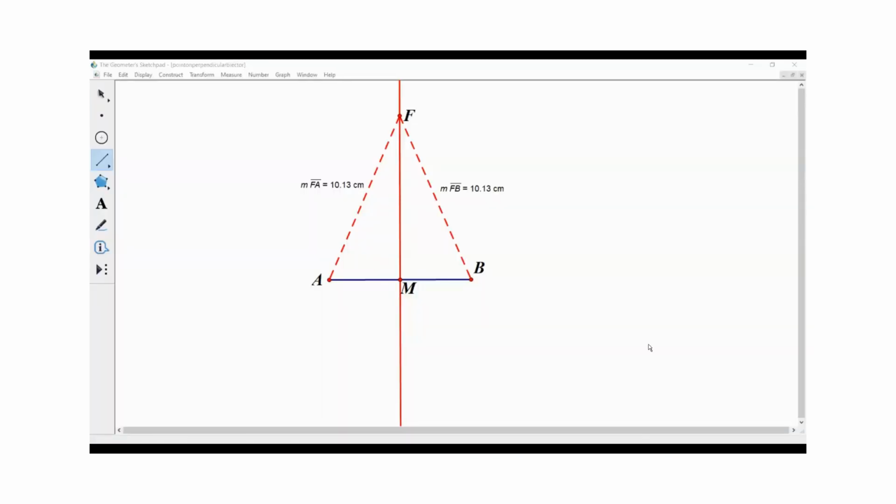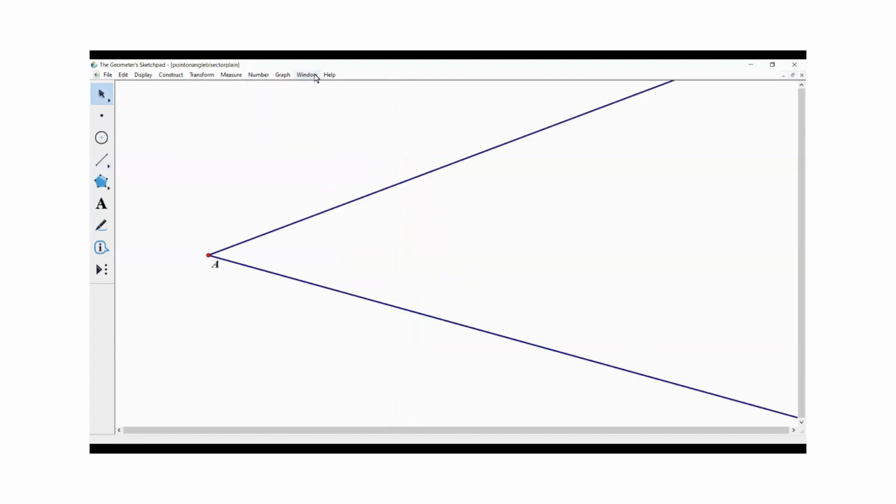Okay, so I'm going to switch screens again. Now I'm going to take you real quick to Geometer's Sketchpad. So hopefully you're able to see my Geometer's Sketchpad screen. Oops, wrong screen, sorry. This is the perpendicular bisector screen.